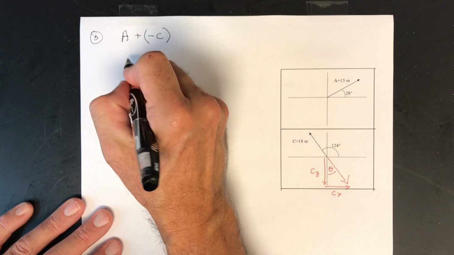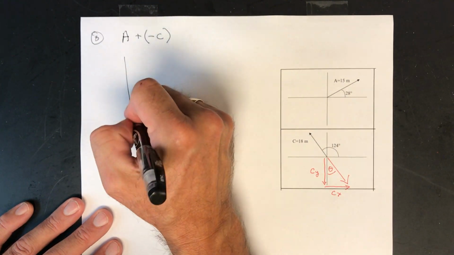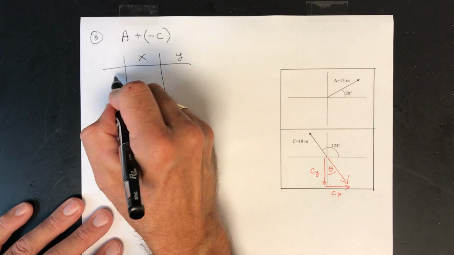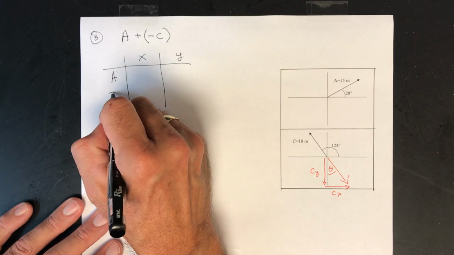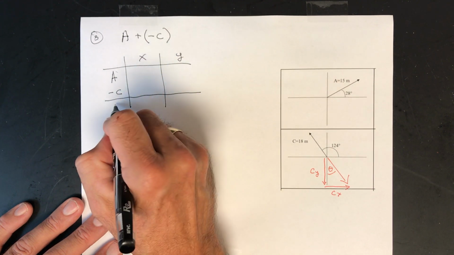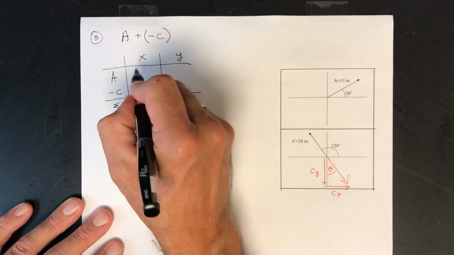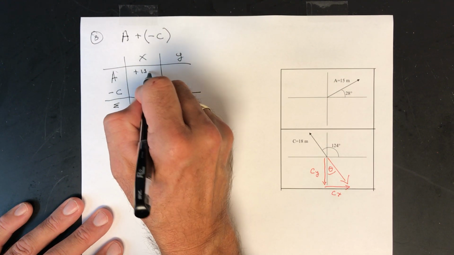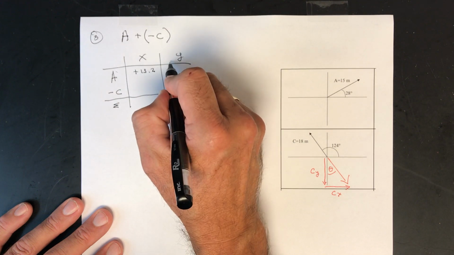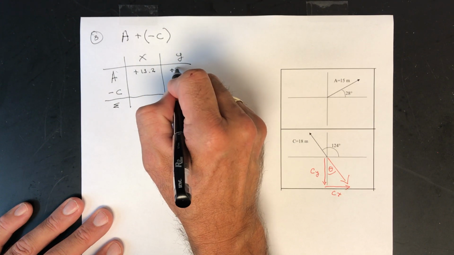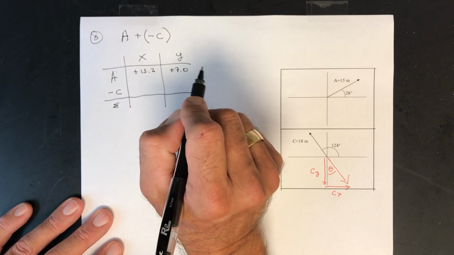So what I'm going to do, just to clarify, is set up a table again, x, y, and we have a and negative c. And we're going to add a to negative c. That will be our sum. A was reported to be positive 13.2 AX. AY is 7.0.